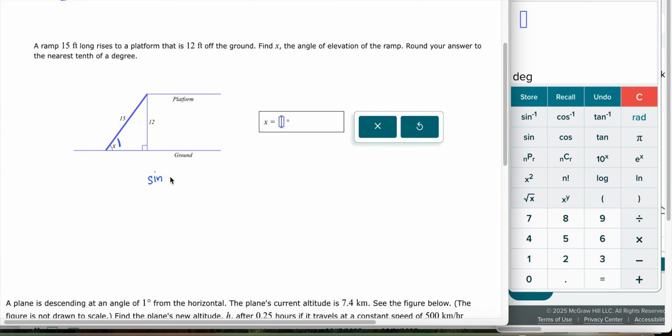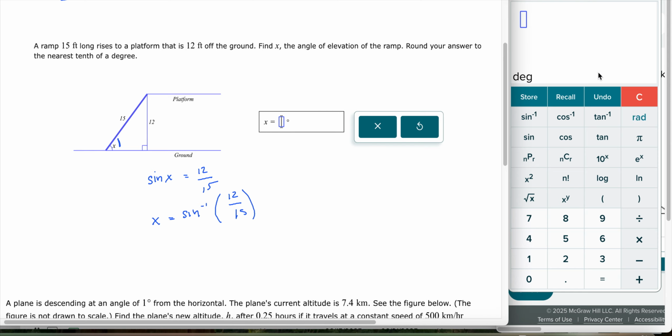So sine of x degrees is equal to opposite over hypotenuse, 12 over 15. To find that angle, x is going to be equal to the sine inverse of 12 over 15.